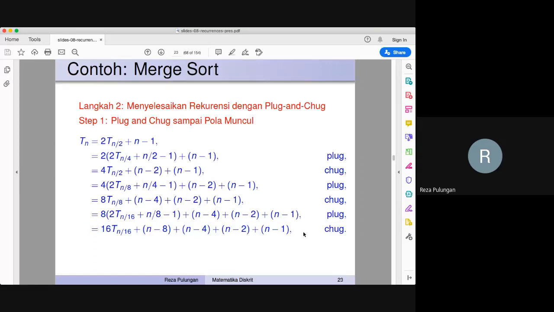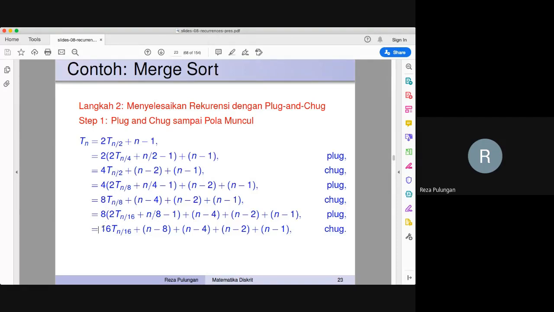So we are going to see, have we been able to look at the pattern? I mean, how do we look at the pattern right now? What is the pattern? Well, let's see. This is the first step, and in the first step, this is n divided by 2. The second step, n divided by 4. The third step, n divided by 8.